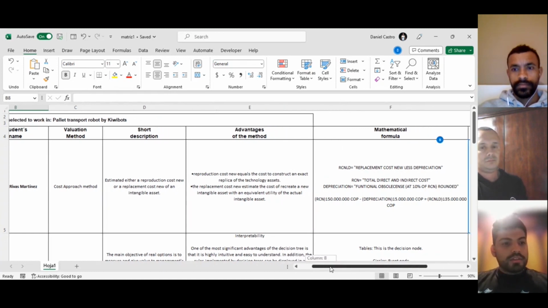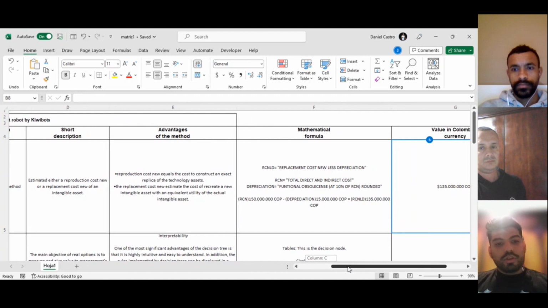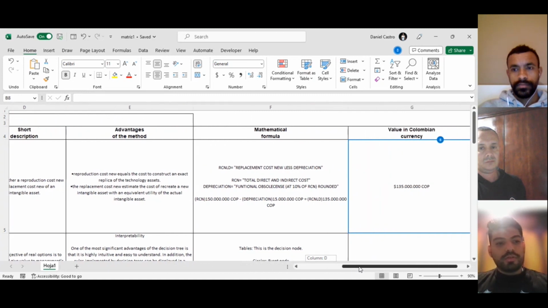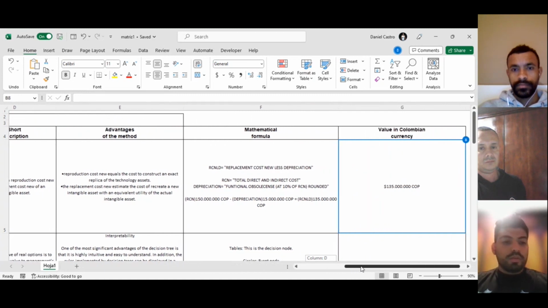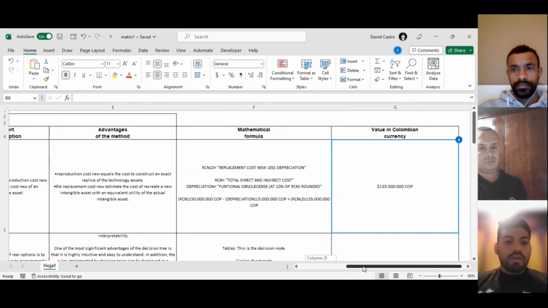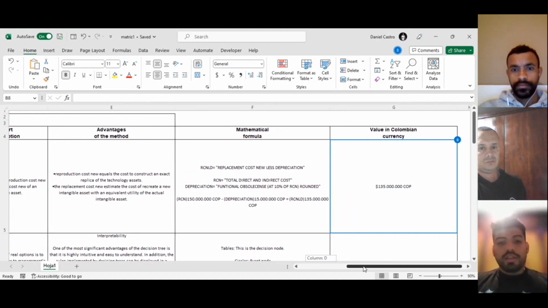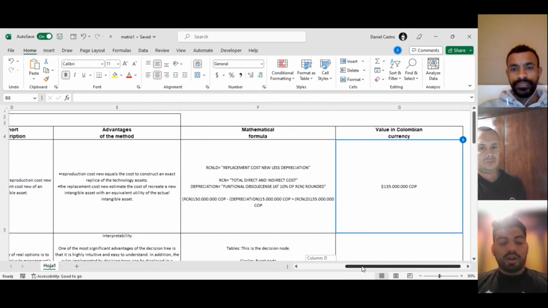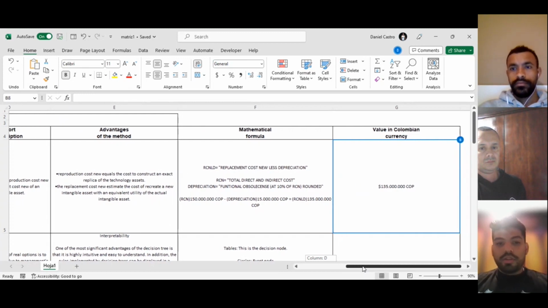For the pallet transport robot project, the direct and indirect costs of implementing the innovation for the company KiwiBots were estimated, taking into account the hardware, software, and labor. Thus, the final value of the project was 135 million Colombian pesos, making the figures feasible and grounded in reality.